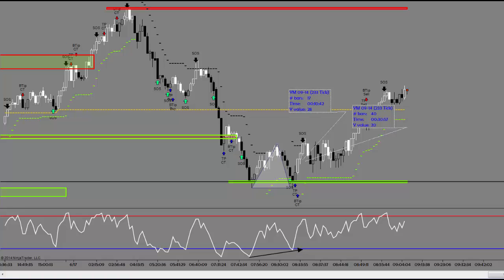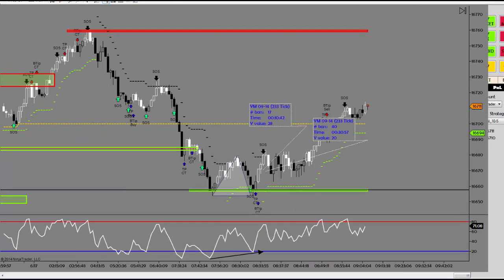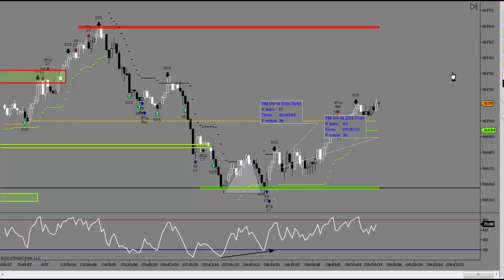Now, based on the chart that I've got right here, you can see that I've got structure right here as I look left. I've got a DSR level at 16,760. So from our 660 to 760, that's 100 points of opportunity in the Dow Jones. So I can just trail behind this.